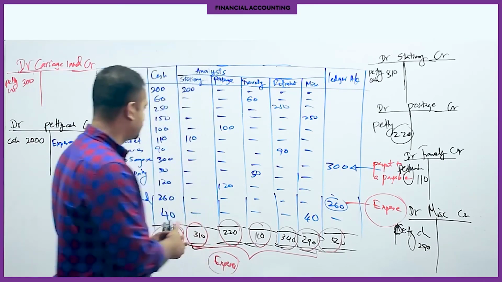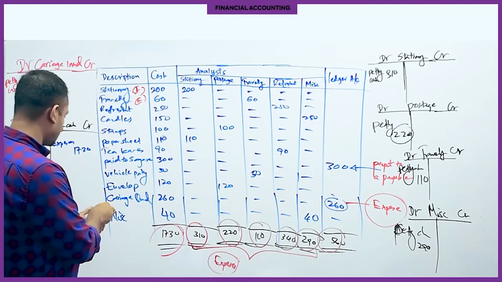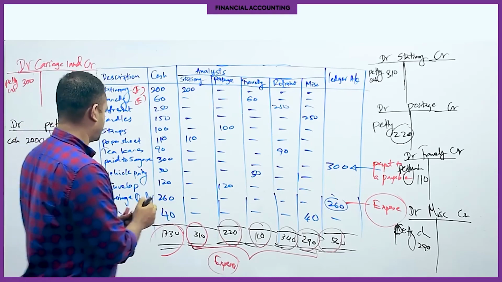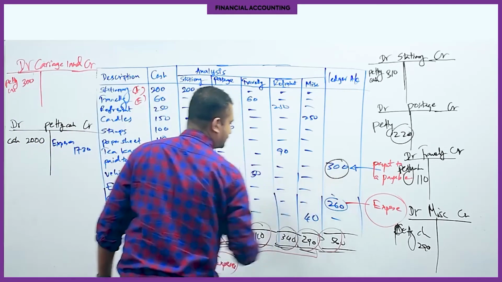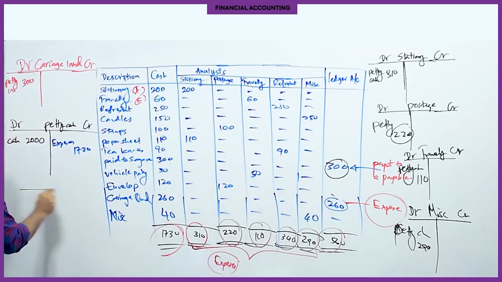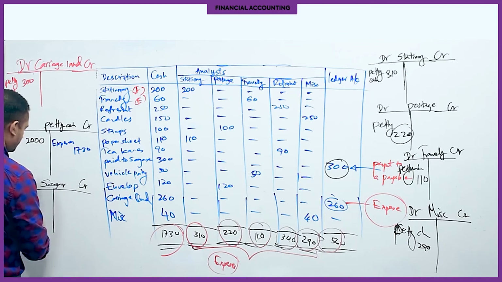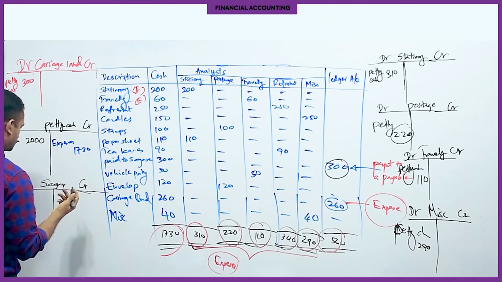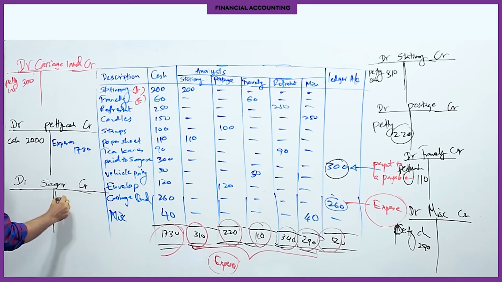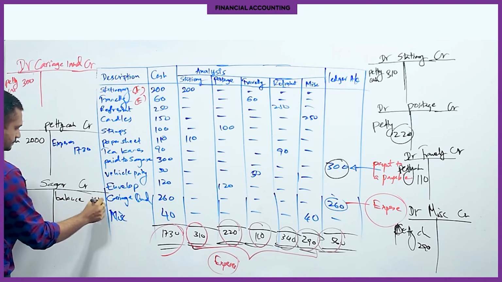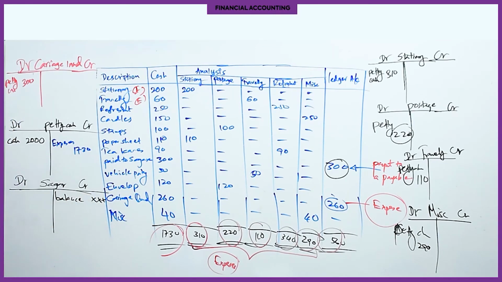And also, we forgot one thing, the payment to Sagara, this one. We know that Sagara is a payable, we do not know his balance, so let us say we do not know the balance, we have to pay some amount to him, but we are paying him 260.